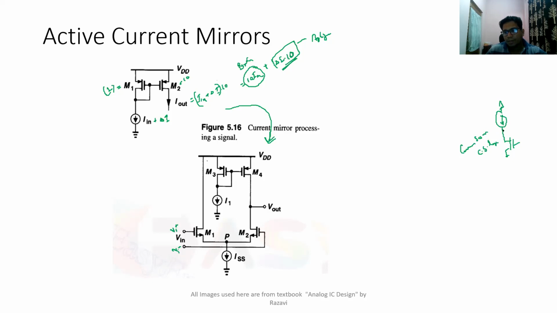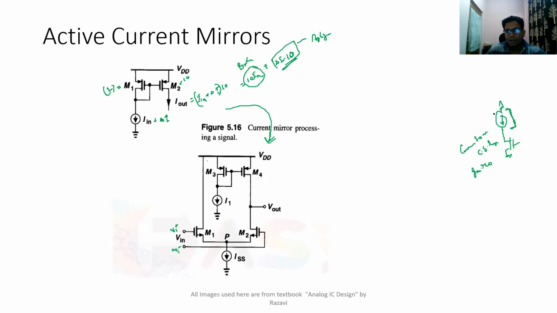If you remember the circuitry, this circuit acts like an amplifier with a gain of Gm into R0. Here the source is helping you by providing a large output resistance which you can use to amplify your signal. Same is the case here. The current mirror used here helps you to amplify the signal by providing high output impedance.